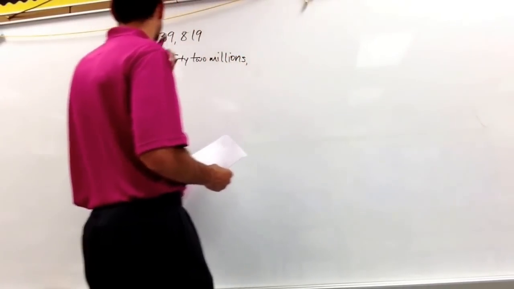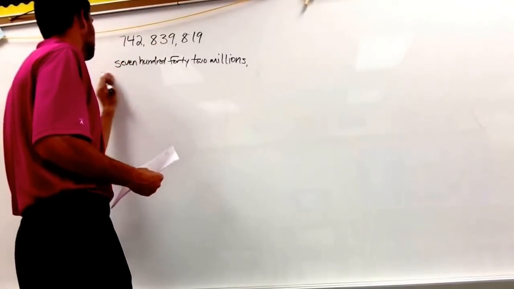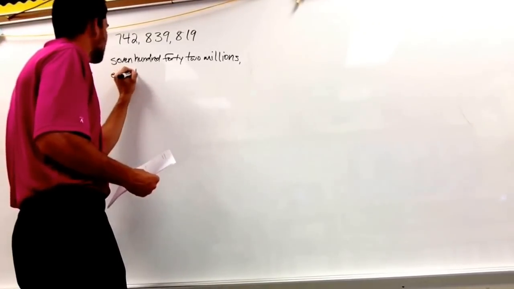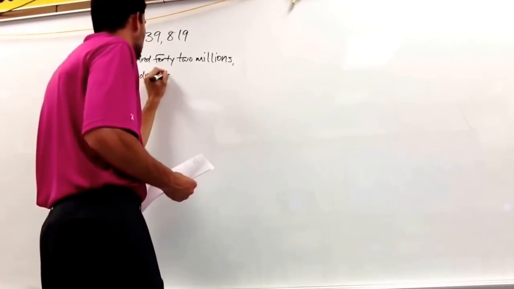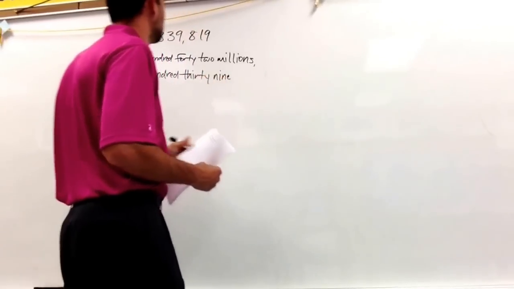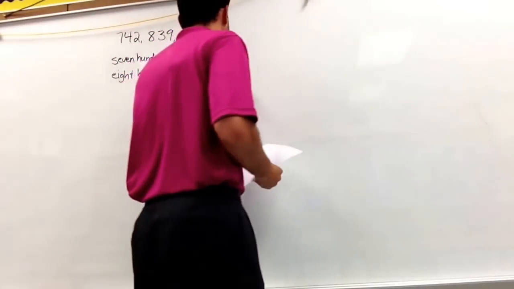Then we just look at it here, 839. Everybody can do the hundreds place, so that's 839. 839 what? 839 thousands.